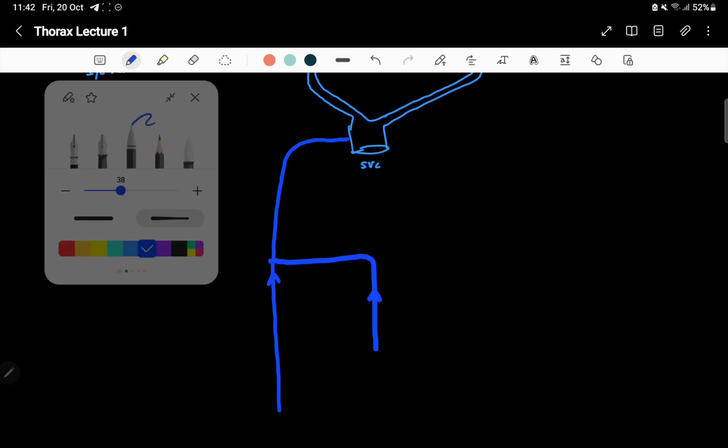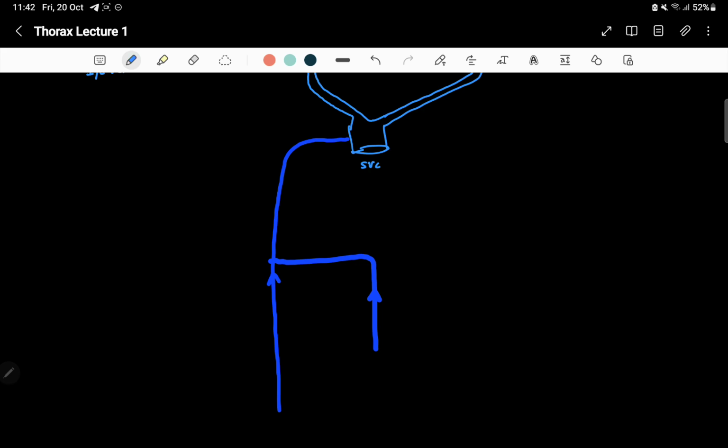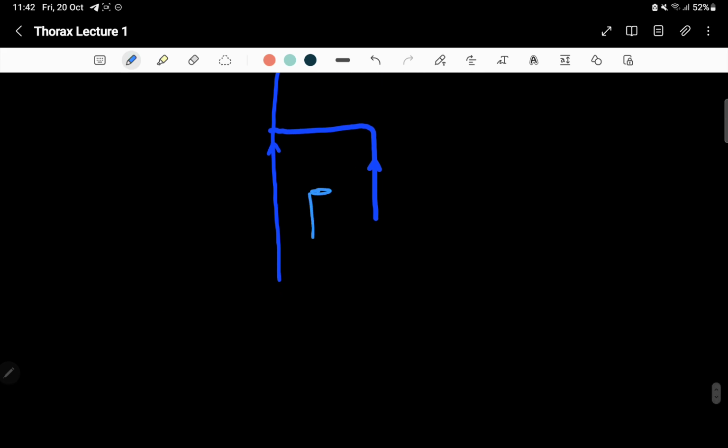And here is your inferior vena cava, IVC. Understood?